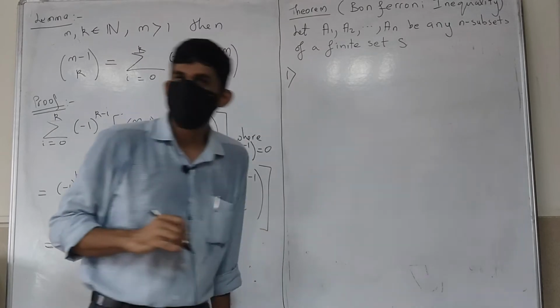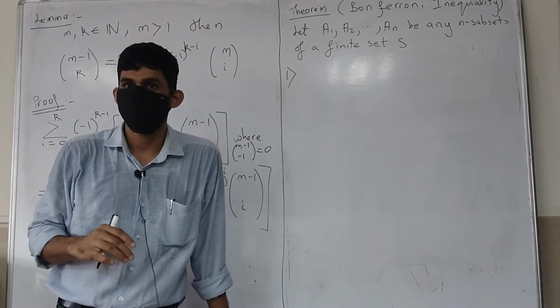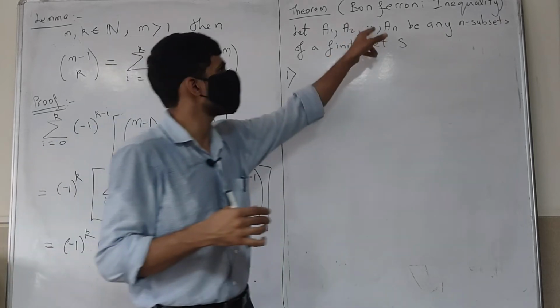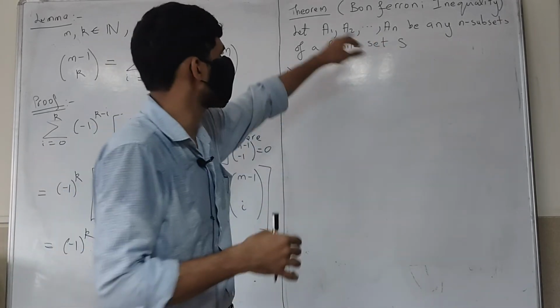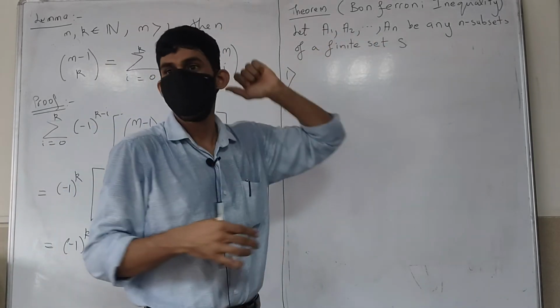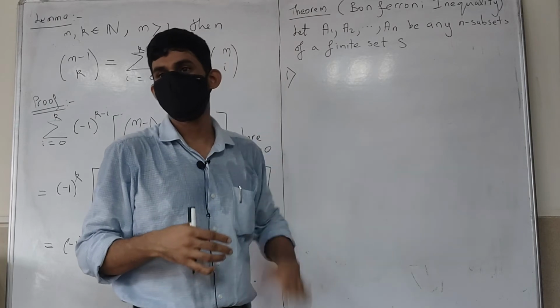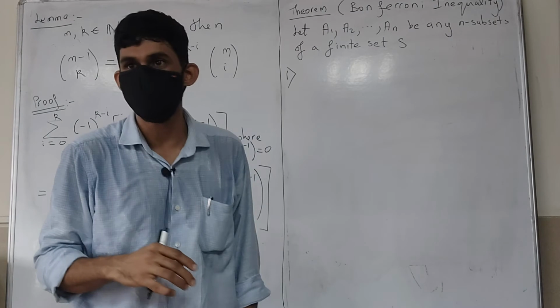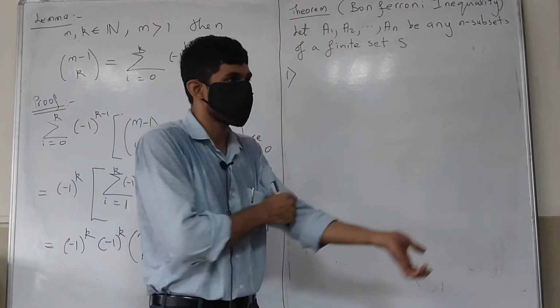So I am essentially comparing the different order intersections of these sets, just like the same type of terms that appeared in your multinomial theorem. That's exactly what we compare.